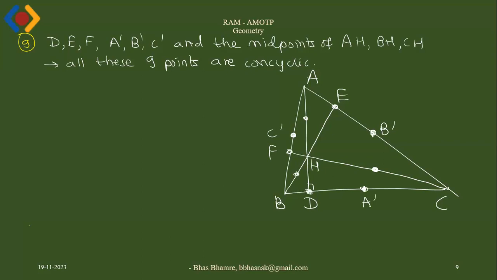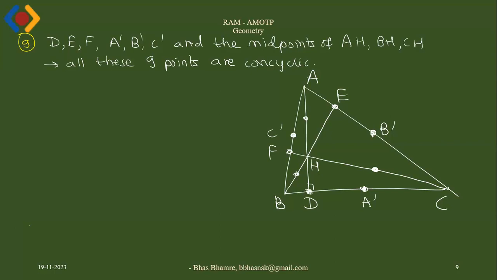You can recall one very typical configuration or result that we have learned already, that AD and OA' are always isogonals, and therefore D and A prime are isogonal points on BC.